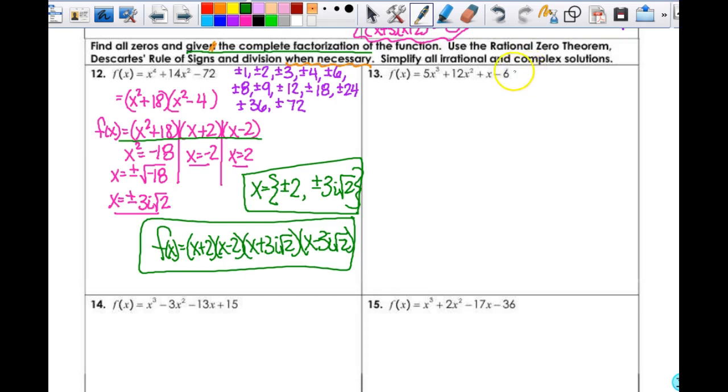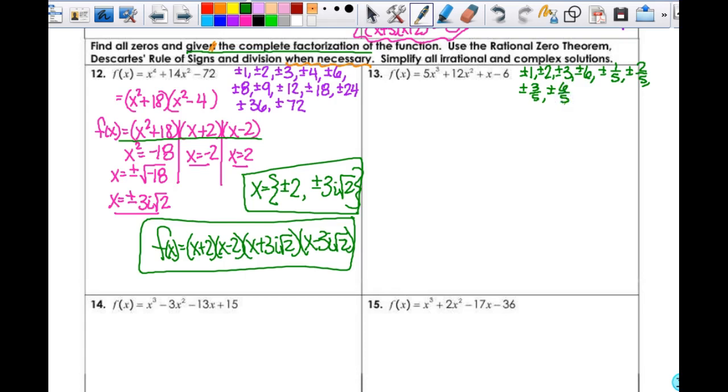So my possibles would be all the factors of 6, so plus or minus 1, plus or minus 2, plus or minus 3, plus or minus 6. And then all the factors of 6 over the factors of 5, so we already used the 1, basically all that's over 1. Then all of that over 5, so plus or minus 1/5, plus or minus 2/5, plus or minus 3/5, and plus or minus 6/5.